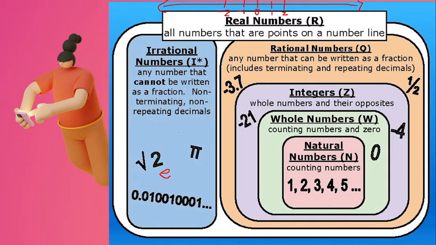Another example is non-terminating and non-repeating decimals, for example 0.0100100, non-repeating decimals.